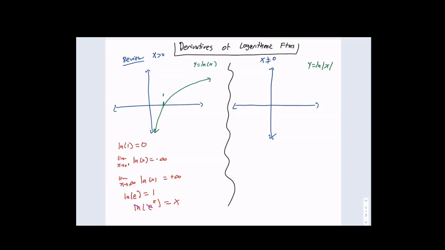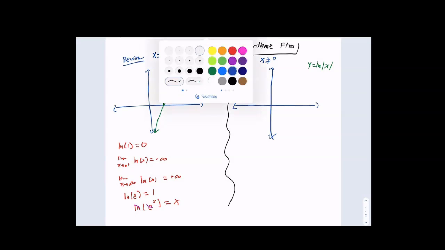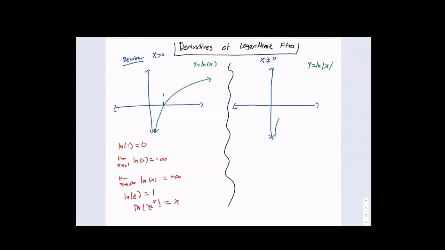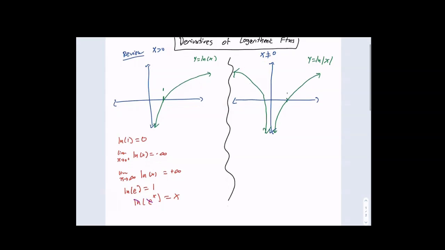You cannot take the natural log of a negative number. However, you can take the natural log of the absolute value of a negative number, because that gives you, of course, the natural log of a positive number. And this graph looks the same on the right-hand side. It's still 1, and it's just reflected on the other side.